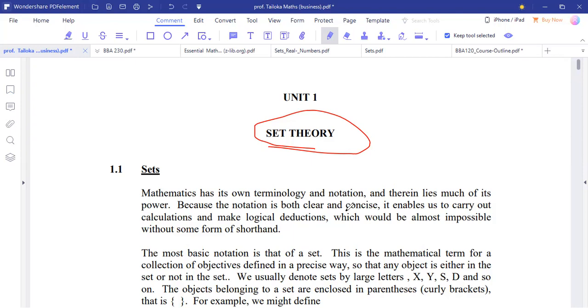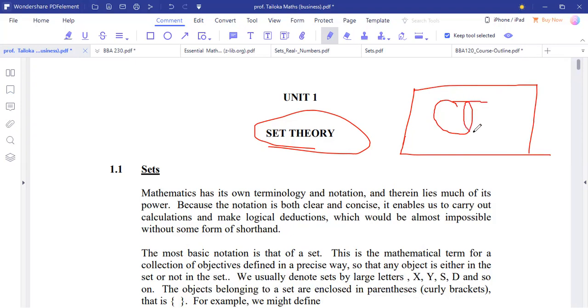All right. So in a set, we can have a number of events taking place. That's why we can even have a Venn diagram where we have a collection of events. This one is for the set, this is for event A, and we can have this other one for event B. And of course, we can have a number of events taking place in this one.